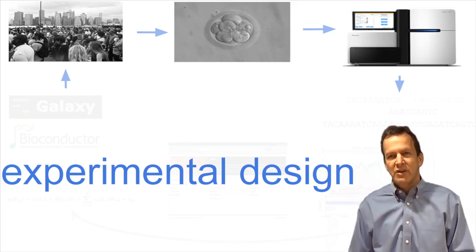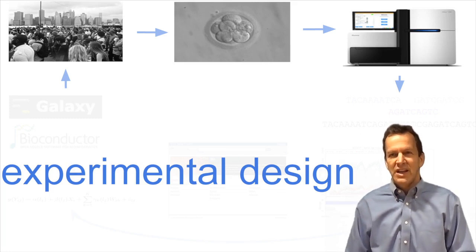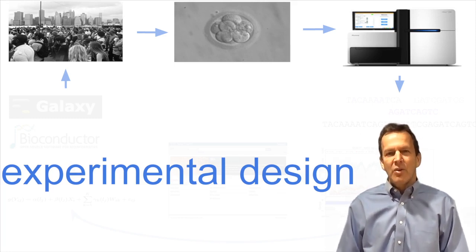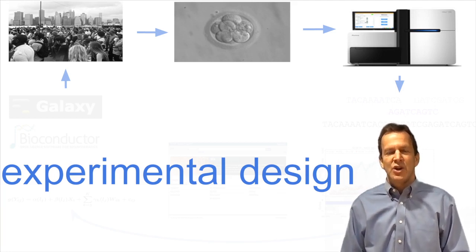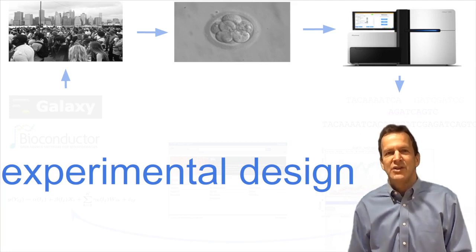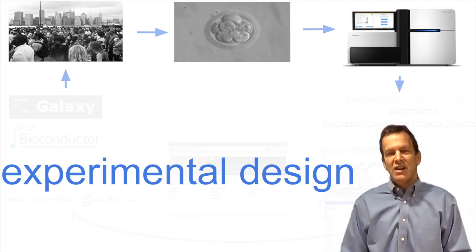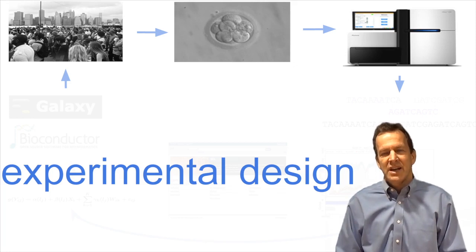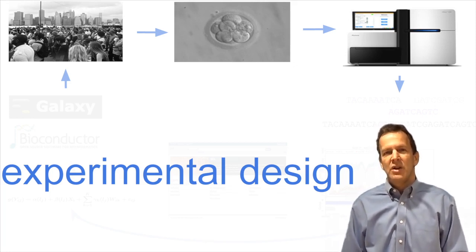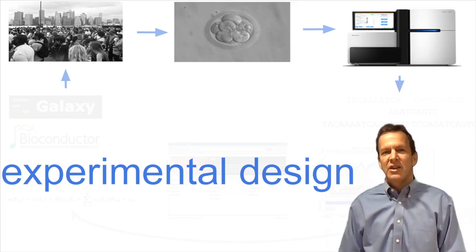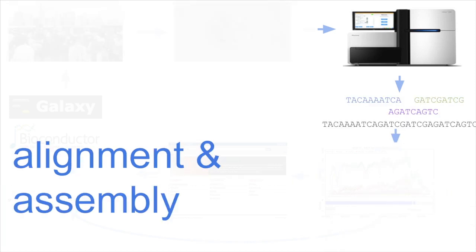That's really critical. Even though we're generating a lot of data far more cheaply than before, it still is expensive and time consuming to do these experiments. You don't want to reach the end of your experiment and discover that you simply don't have the right data to answer your question. Once you've decided on your experimental design, you generate your data. Then, as I was saying a few minutes ago, the first thing you'll typically do with those big data sets is align them to the reference genome, find out how they differ from that genome, and assemble them together in some form.